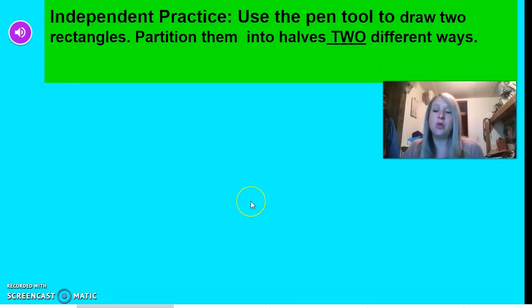On this page, I want you to use the pen tool to draw 2 rectangles. Partition them into halves 2 different ways.